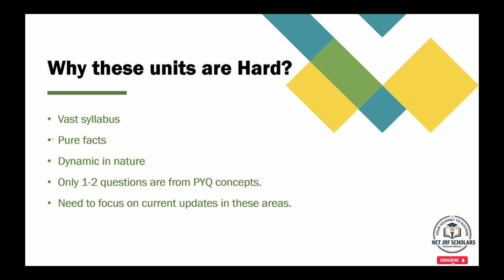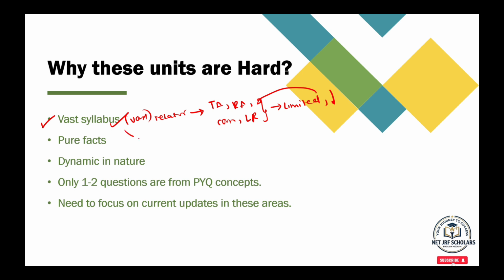Because these chapters have a very vast syllabus relatively when compared to teaching aptitude, research aptitude, communication and logical reasoning. Those have a very limited syllabus and go very deep into the concepts, whereas there is a lot of syllabus in these 3 units.